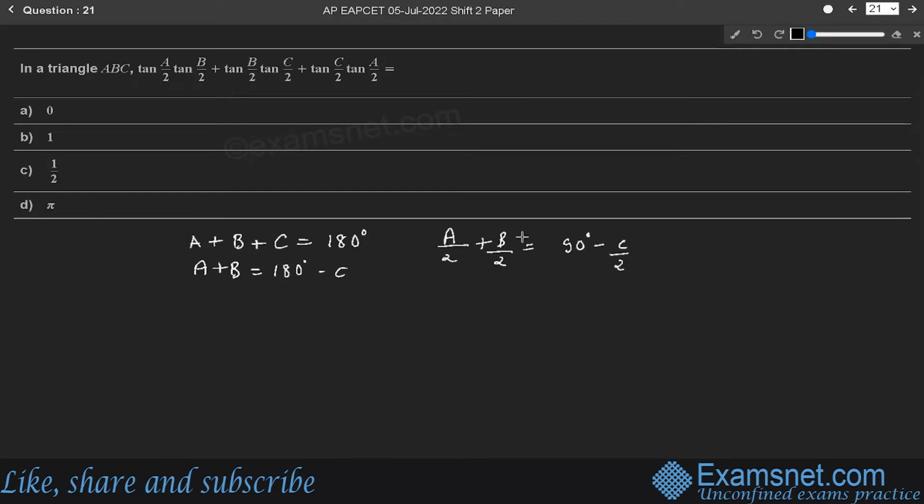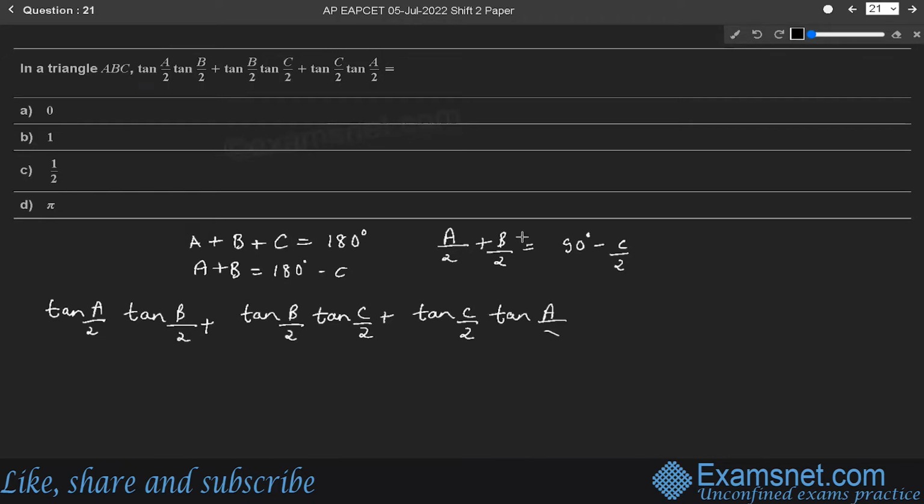Now we have to calculate the value for tan A by 2 into tan B by 2 plus tan B by 2 into tan C by 2 plus tan C by 2 into tan A by 2.